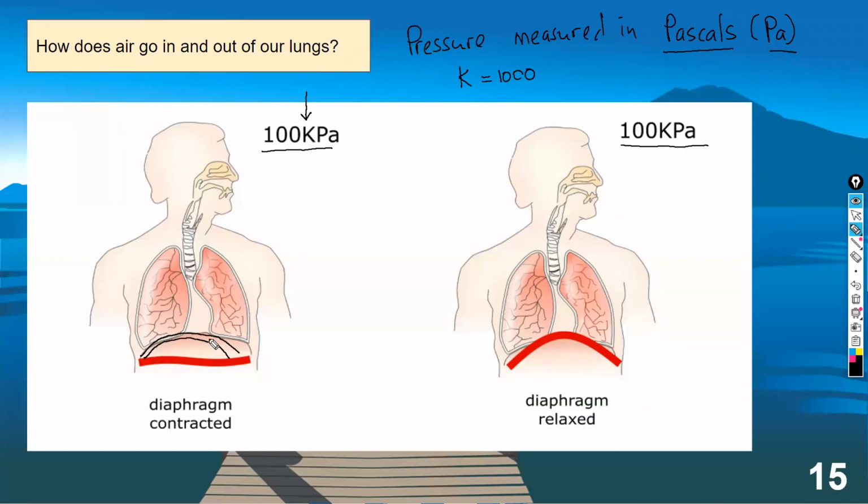When it's relaxed, the pressure outside and the pressure inside your lungs are exactly the same. So tell me something. There's air outside and obviously there's always a little bit of air inside the lungs. If outside is 100,000 pascals and inside your lungs is also 100,000 pascals, how will the air move? Will the air move into your body or will it move out of your body? What do you all think? What are your thoughts on that?